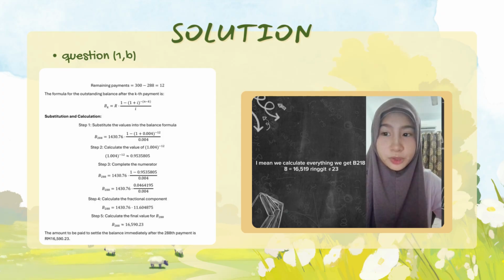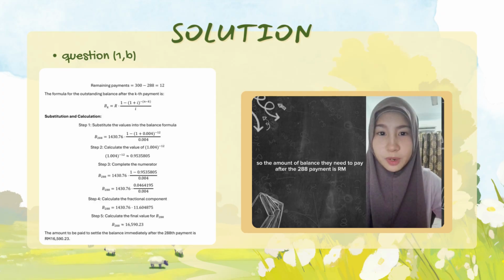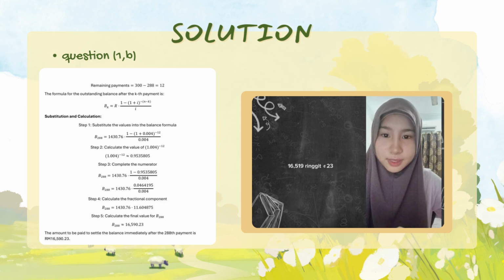And when we calculate everything, we get B_288 equals 16,590 ringgit 23 cents. So the amount of balance they need to pay after the 288th payment is RM 16,519 ringgit 23 cents. So that's all for my explanation today. Thank you so much.